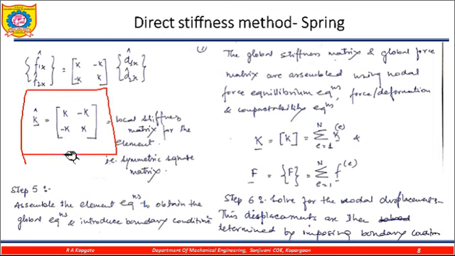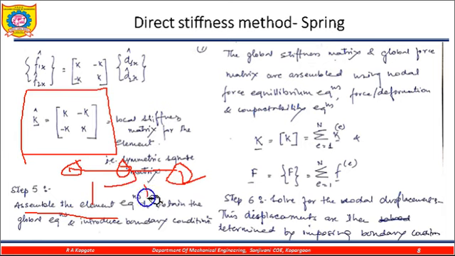Once we have found the element stiffness matrix for every element, there is a need for assembly. Let us take three nodes: node 1, node 2, and in between, node 3, with element 1 and element 2.